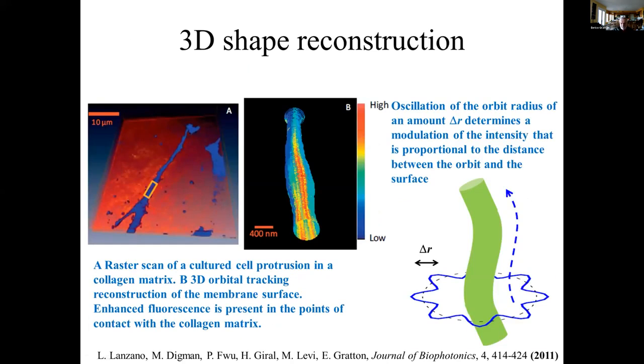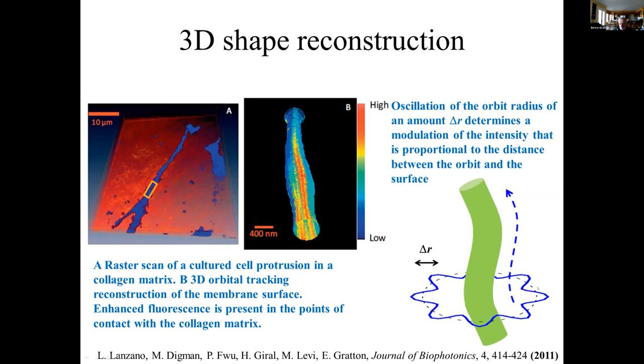Another thing that is very important, which was one of my comments to Fernando today, is that we don't need to have an orbit which is exactly circular. We can oscillate the orbit. This is important because by oscillating the orbit, you get closer or farther to the structure whose shape you want to figure out.